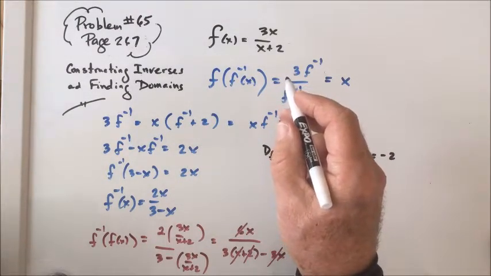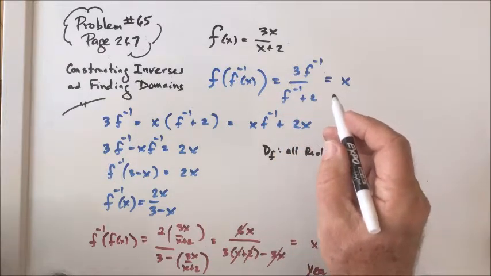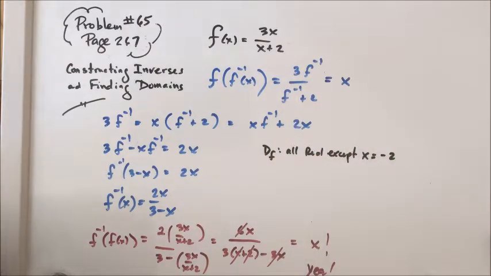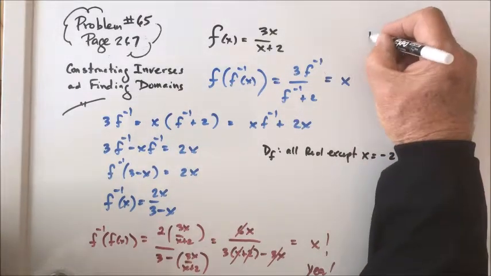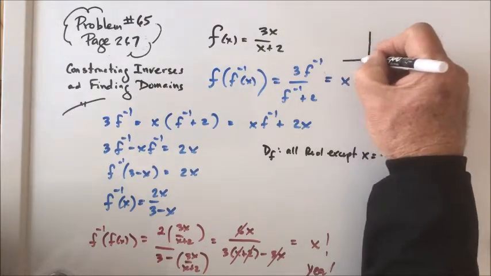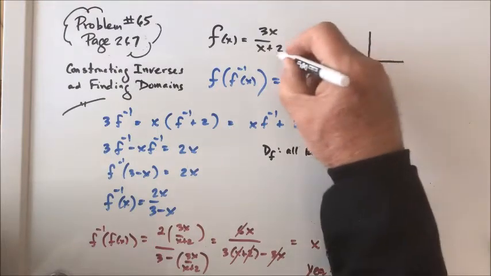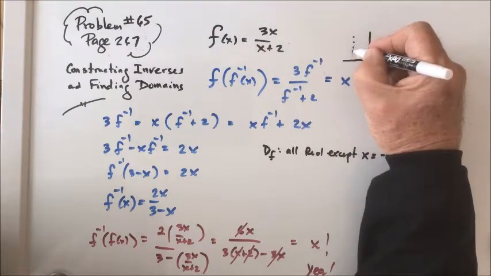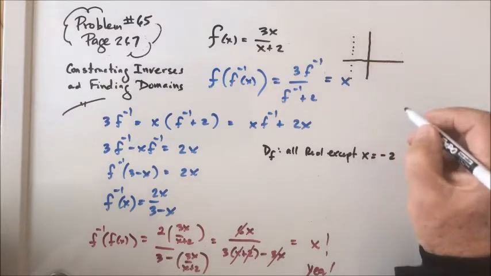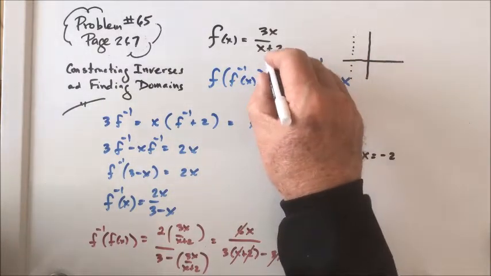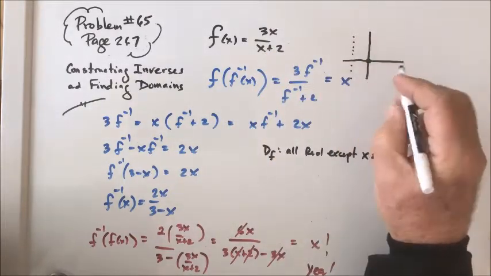And if we were to plot this function, what we're going to find is this function has a vertical asymptote here at x equals minus 2.